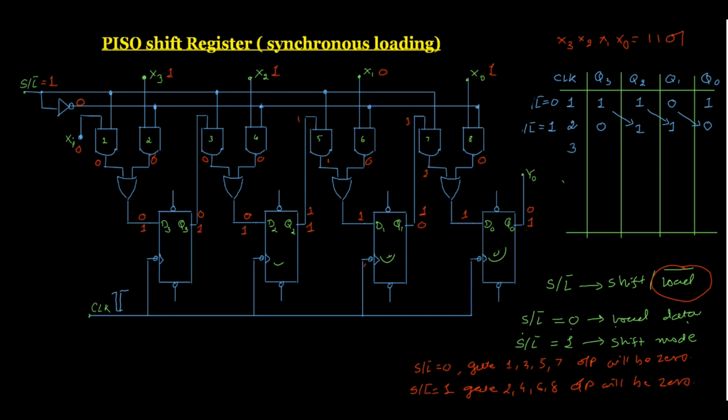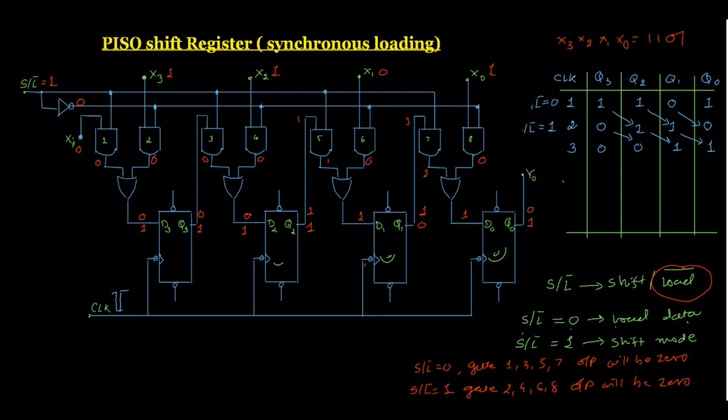So similarly, if we see with the third negative edge of the clock pulse, the data is going to be transferred from left to right, and here the Q3 will be 0, Q2 becomes a 0 because the Q3 is 0, so with the negative edge the Q2 will be 0, and this one is going to be transferred to Q1, and this one is transferred to Q0.